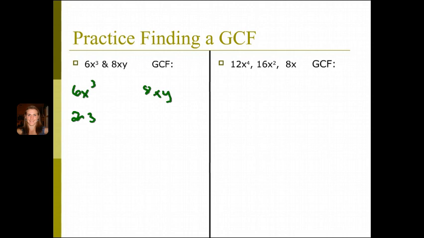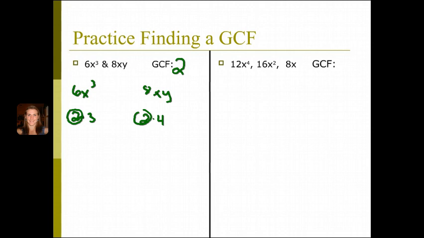Factors of 8 are 2 times 4. Therefore, their greatest common factor numerically would be the 2. So we're going to go ahead and put that 2 up here where it says GCF.